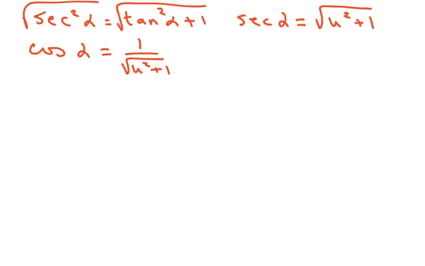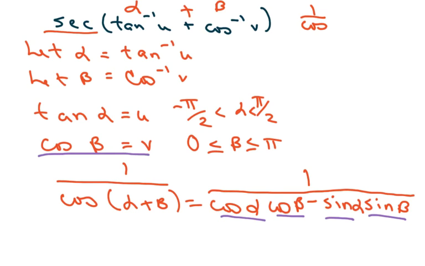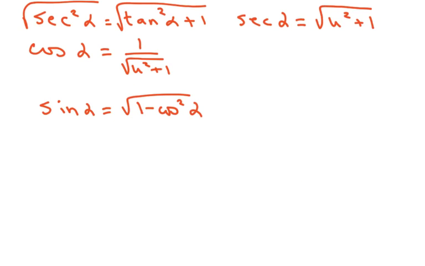Alright? Now, sine of alpha is another one we need. We know it is square root of 1 minus cosine squared of alpha. And we know cosine of alpha from here, so all we're going to do is write this as square root of 1 minus 1 over u squared plus 1.